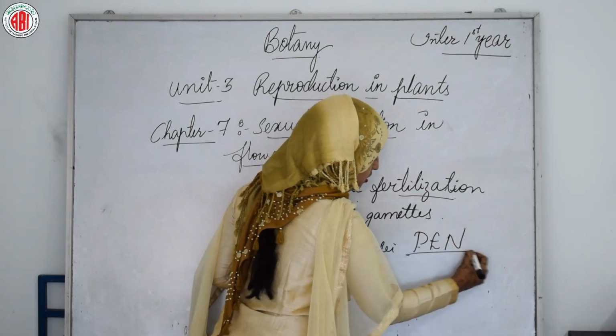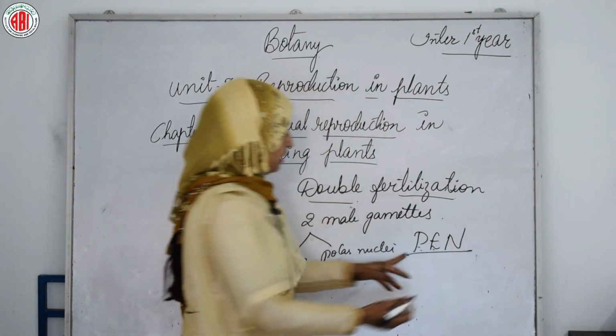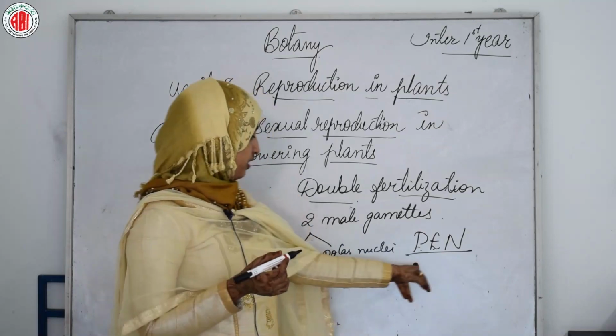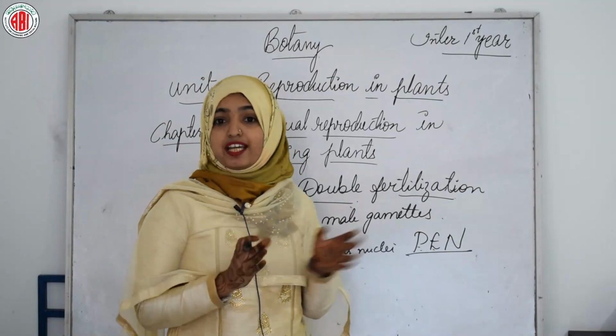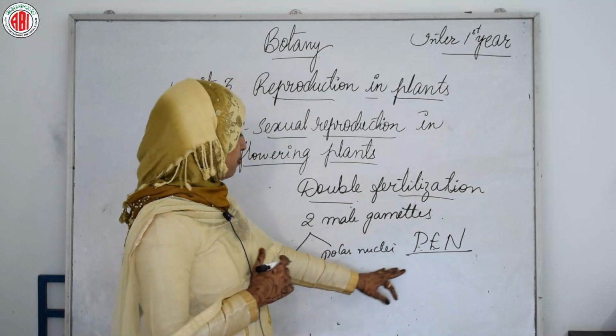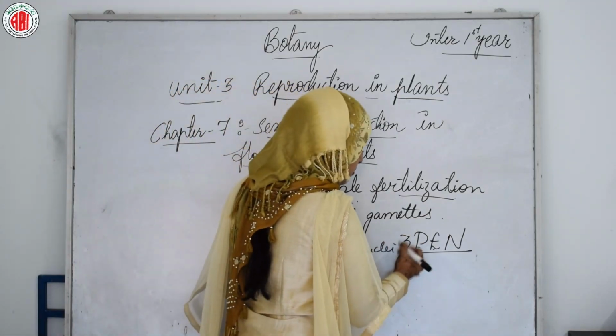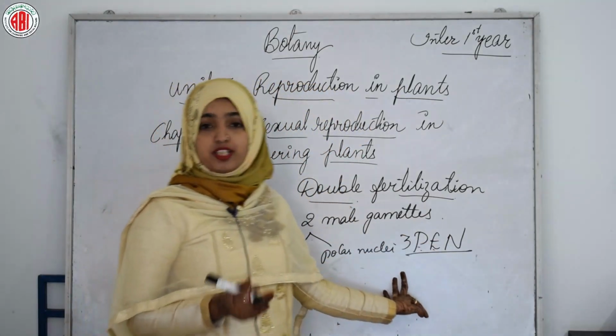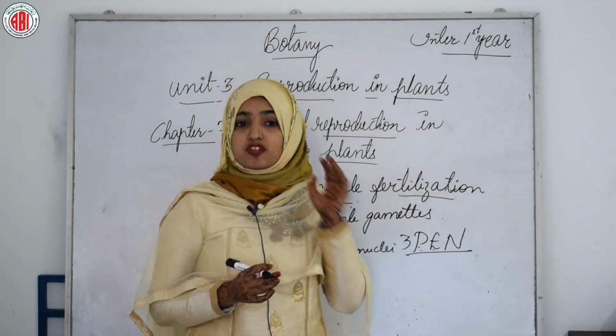PEN stands for primary endosperm nucleus, and it is actually a triploid one. As this involves the fusion of three haploid nuclei, it is termed triple fusion, and that is the reason it can be called triple fusion.